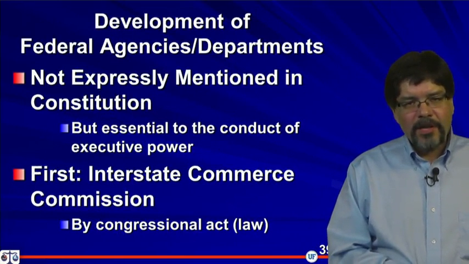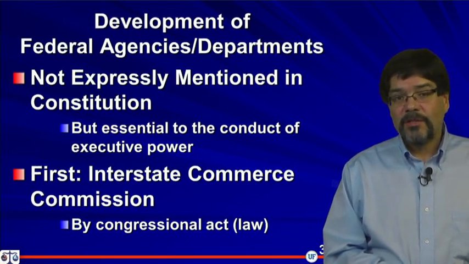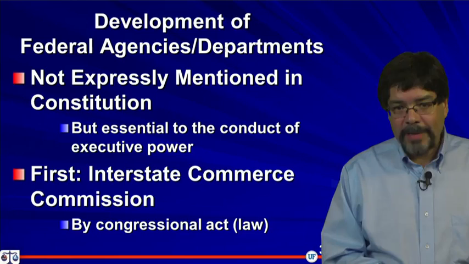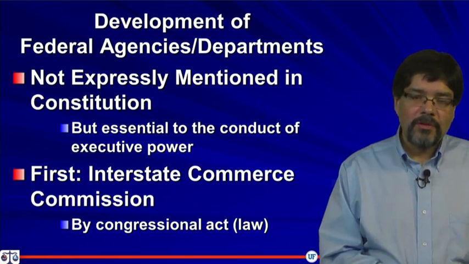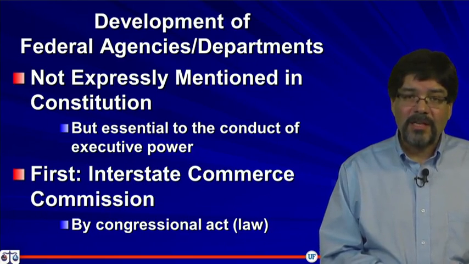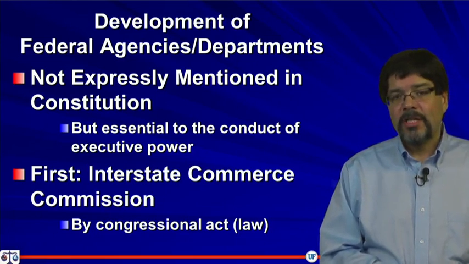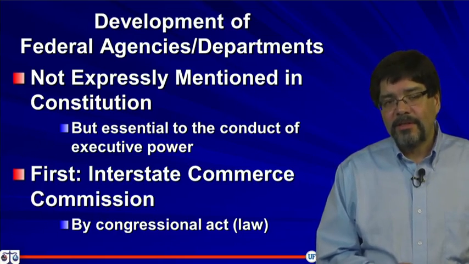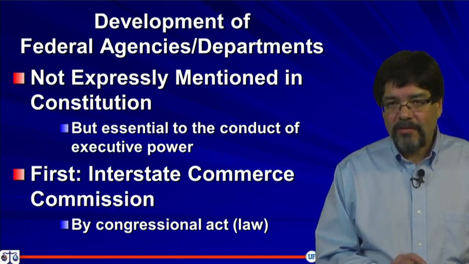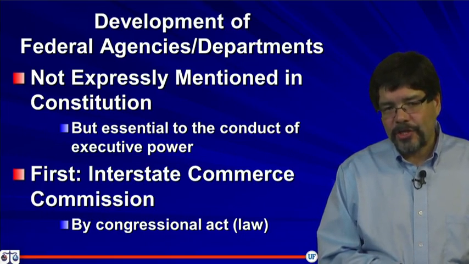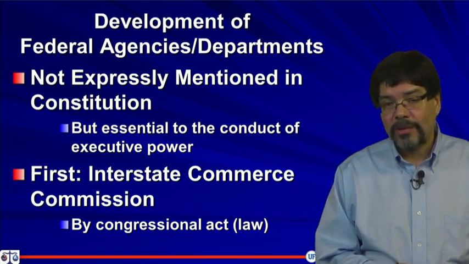The development of federal agencies to assist the President in carrying out executive power is, as I mentioned earlier, not expressly included in the Constitution, but it is today an absolutely essential assistance for the President in carrying out the executive power of the United States. The very first executive agency was the Interstate Commerce Commission, which was created by congressional enactment.